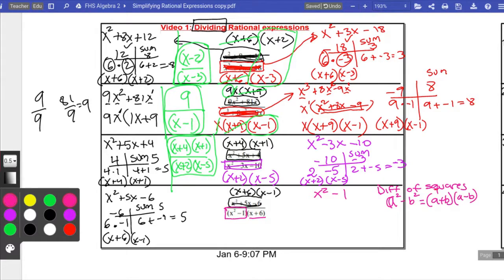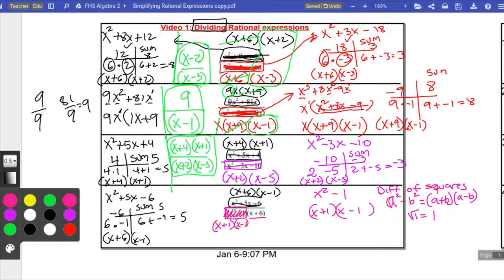So we know a squared means x, so for sure in those parentheses we have x and x. For b squared, if you square root the one, you get one. So we have a plus one here and a minus one here. So this one right here is x plus one, x minus one.